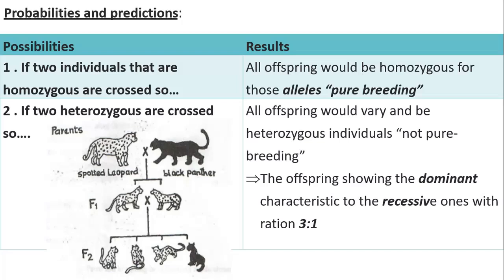So, possibilities and predictions. We have possibilities. If the 2 individuals are homozygous and are crossed together, of course, the offspring will be homozygous for those alleles. We call them pure breeding. Have you ever heard the term a pure dog? What does this mean?